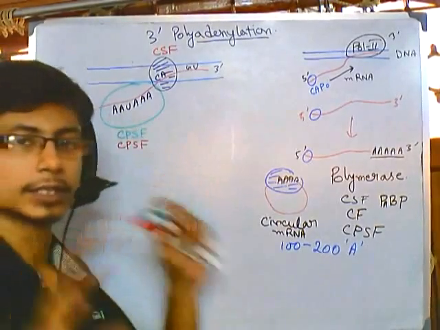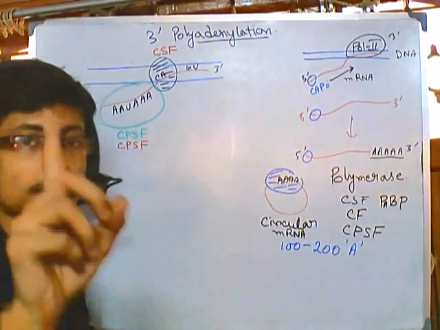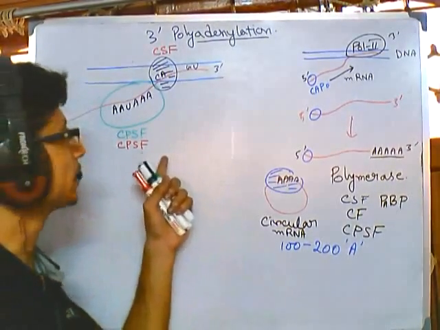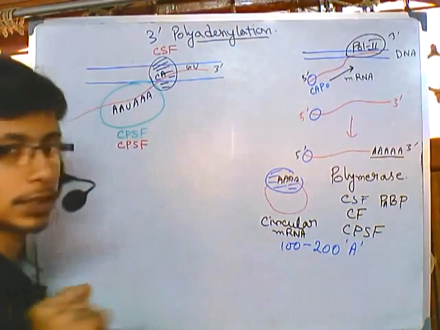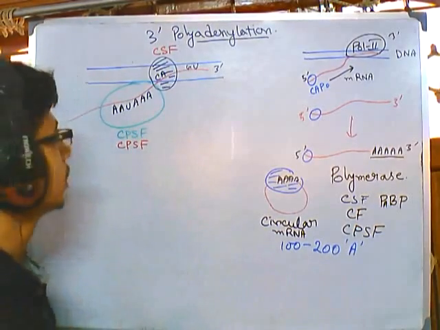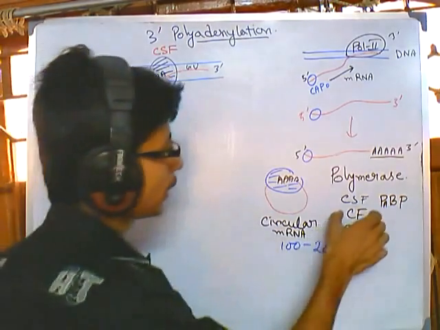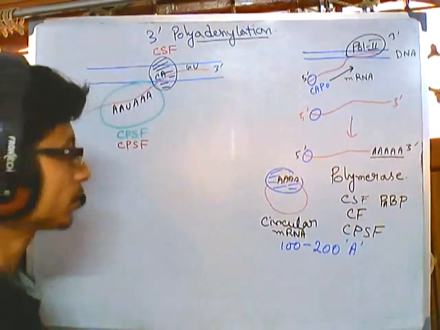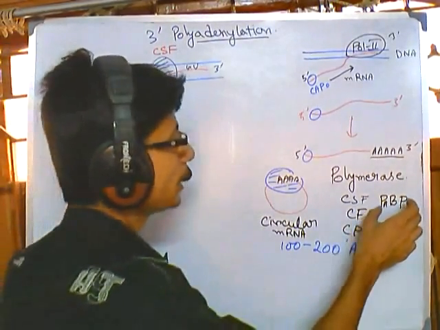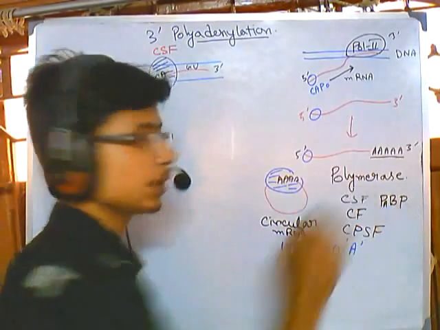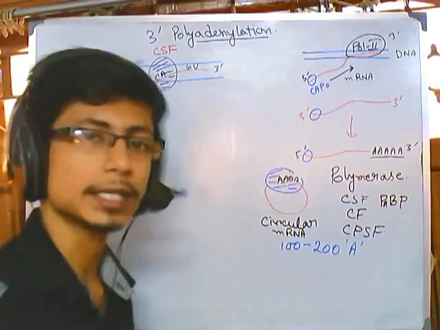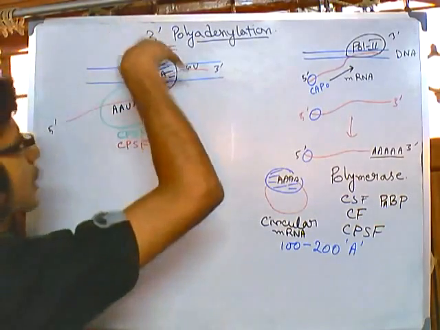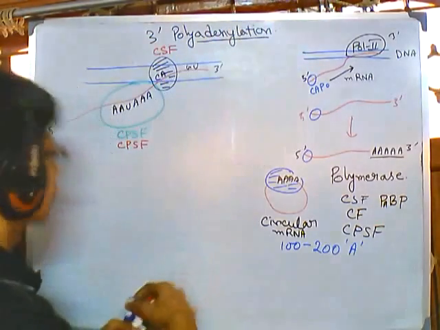They recognize those sequences. The first process of polyadenylation is the sequence recognition. After they recognize a sequence, they recruit the cleavage factor and also the polyadenylation binding protein. Along with that, they also recruit the polymerase enzyme. The polymerase enzyme is sitting there, transcribing, so we don't need to bother about that.